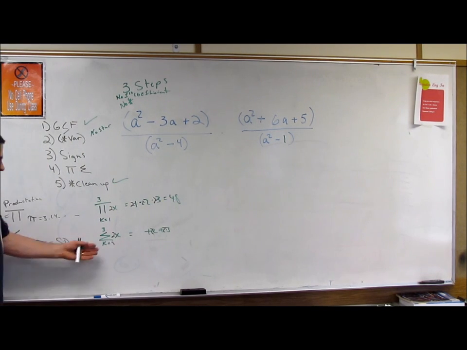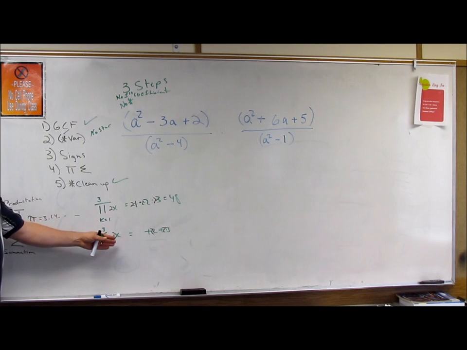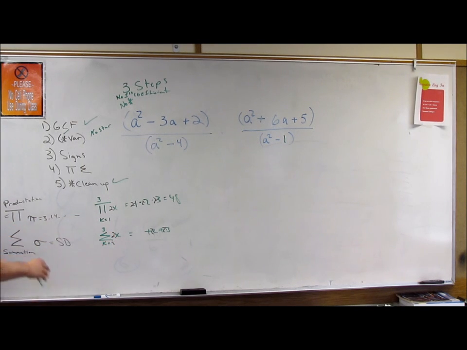And if you had something like k equals 2 to 3 of 2k, the summation of it, right? A big sigma looks like this, and the little sigma looks like this. Little sigma is used in statistics as a standard deviation, and big sigma is used for the summation of things.